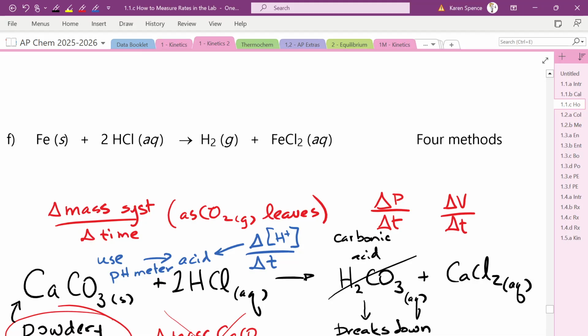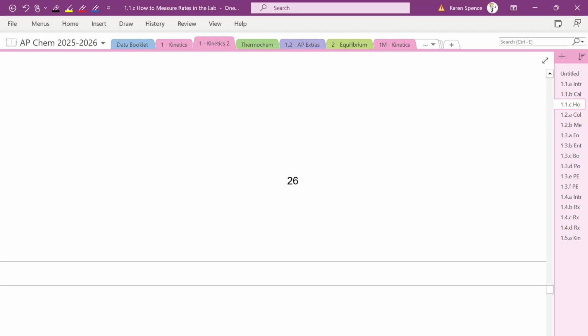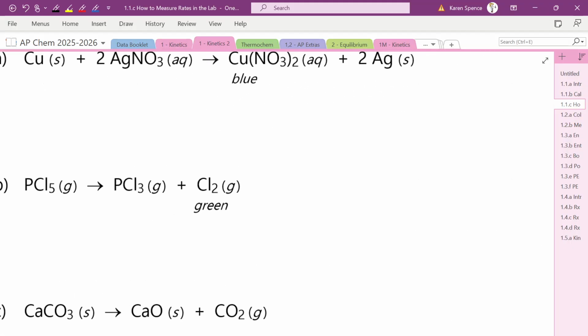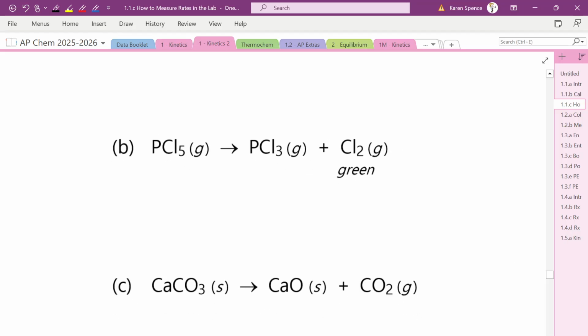Could you do B from page 26? Page 26B, yes. Okay, so we have all gases. So if we have all gases, by definition, this has to be a closed system.